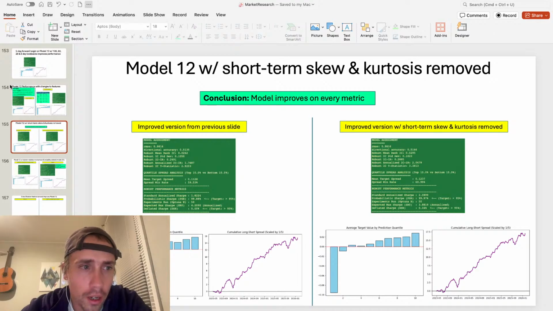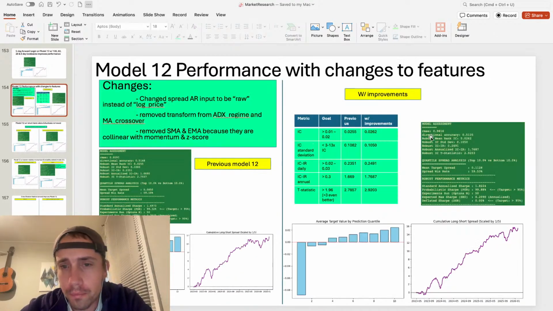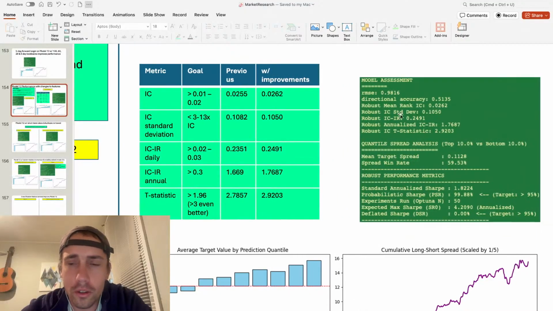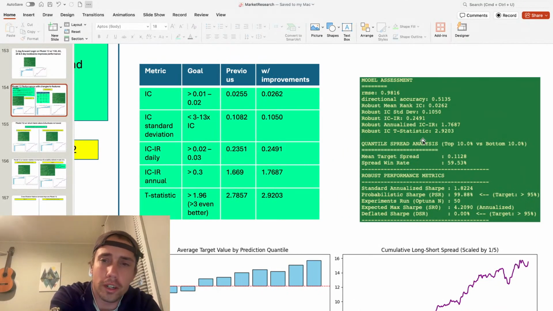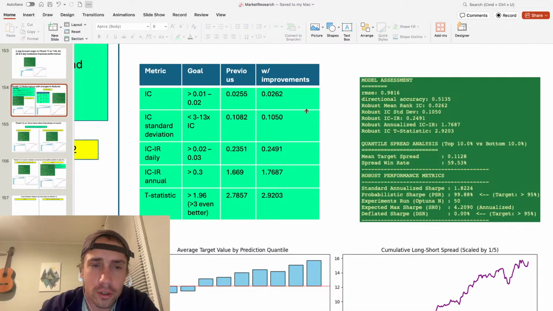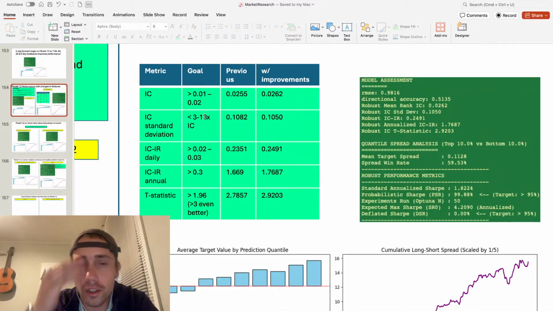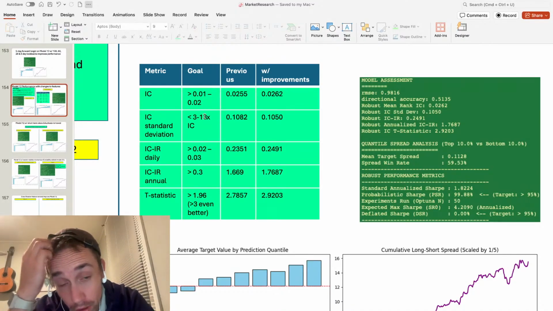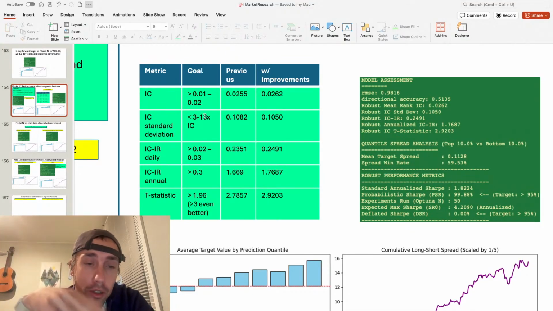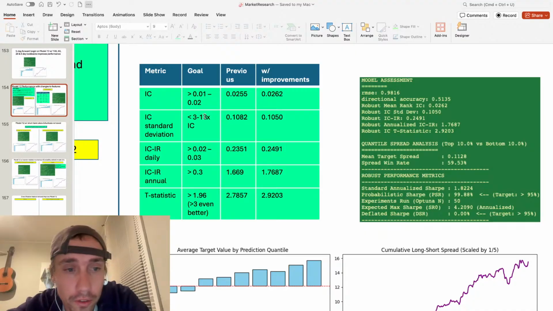So here you can look at the output, the metrics I'm using to assess the model. Information coefficient gives the predictive power. I'm shooting for 0.01 to 0.02. I'm beating that at 0.0262. Standard deviation of the information coefficient should be 3 to 13 times the information coefficient. It's under 4 times the information coefficient.